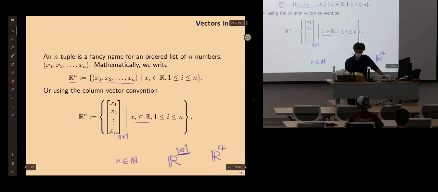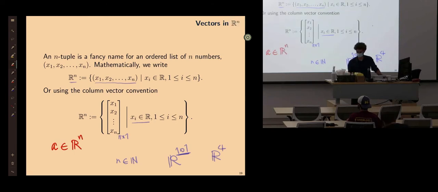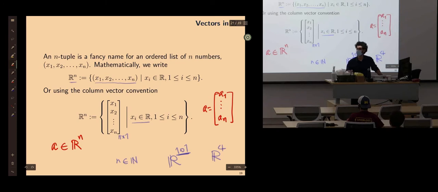Such that each entry was a real number. So if I say A is in Rn, that means A is such a vector that we have A1 all the way to An, and all of them are real numbers, okay? So this is a very compact way to say that A has that form. Does that mean that m has to be smaller than n?